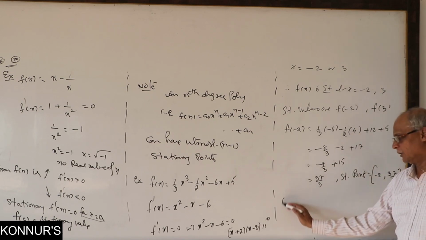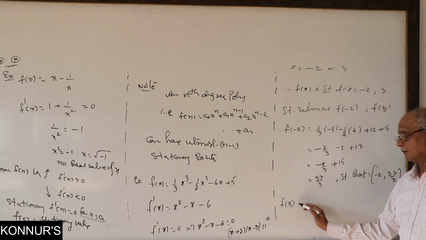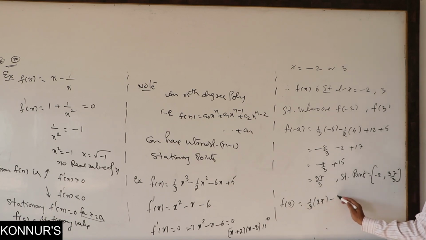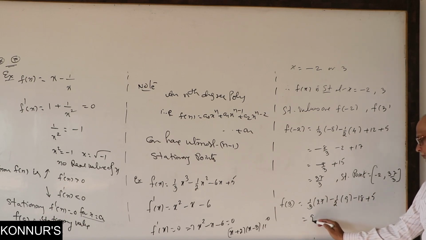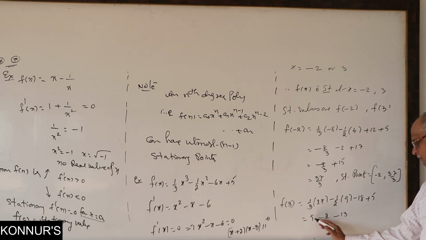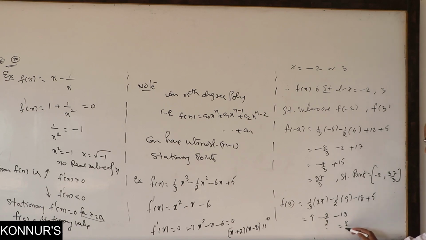Next find f of 3. 1 by 3 into 27, 1 by 2 into 9, 18, 5, 9 minus 9 by 2. 5 minus 18, minus 13. 9 by 2 minus 13. 26 minus 9, 17, minus 17 by 2.